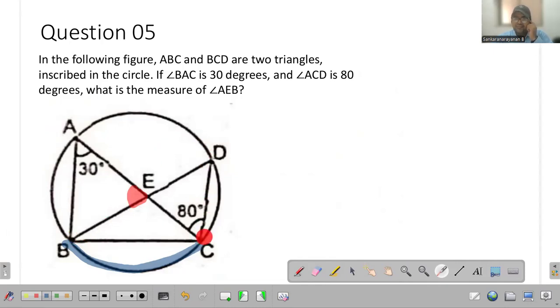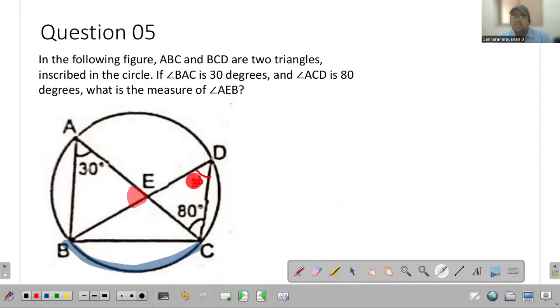Don't you see that? So BAC, since it is 30 degrees, can I not infer that this BDC should also be equal to 30 degrees? Because these are angles in the same segment, where the points lie along the circumference of the circle, if this is 30 degrees, this also will be 30 degrees, I can put it.